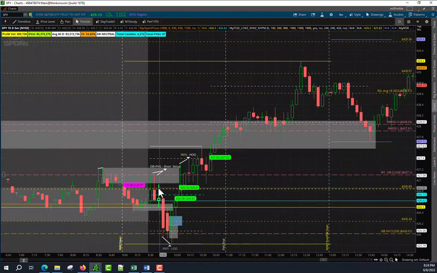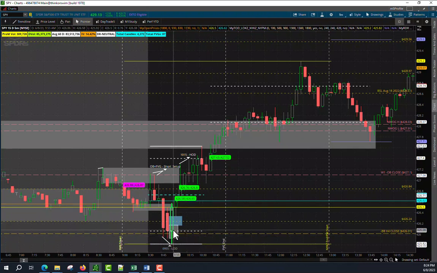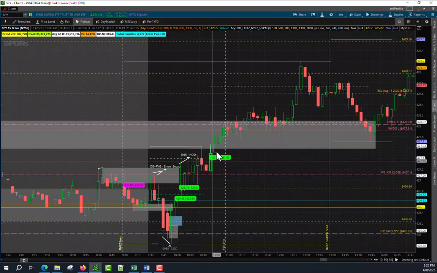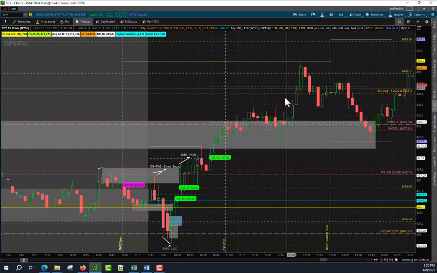So the DR model states that after 10:30, it will make either the high of the day or the low of the day. So it's not going to violate both the high and the low of the day. So in this case today, it respected the low of the day. It broke higher. So that's the DR model right there.